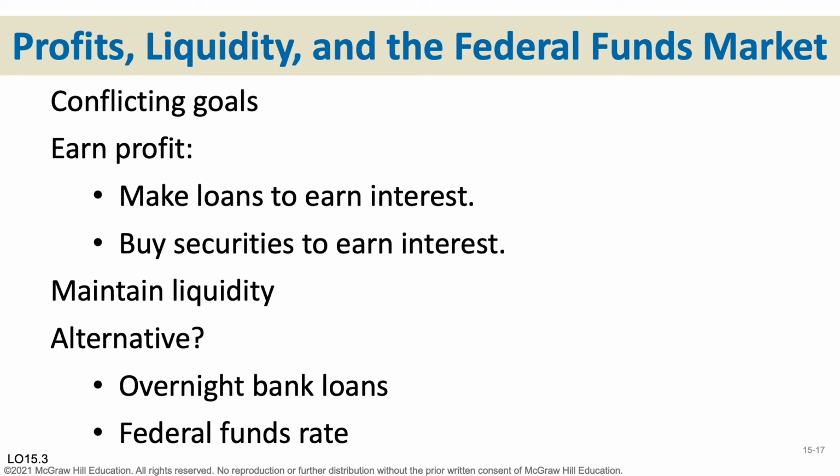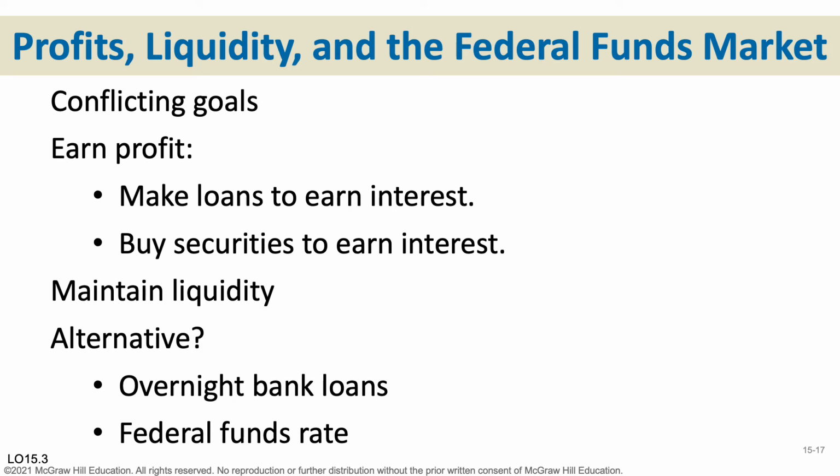So banks are always in conflicting goals. Banks are for-profit entities. They want to earn a profit. They can make loans and that will earn them interest, or they could buy government securities and that will earn them interest. There are other things they could do, but they're focused on earning a profit. But the banks have to be ever so careful because they also have to maintain enough liquidity. Remember, we defined liquid earlier. Liquid assets are assets that can be converted to cash quickly.